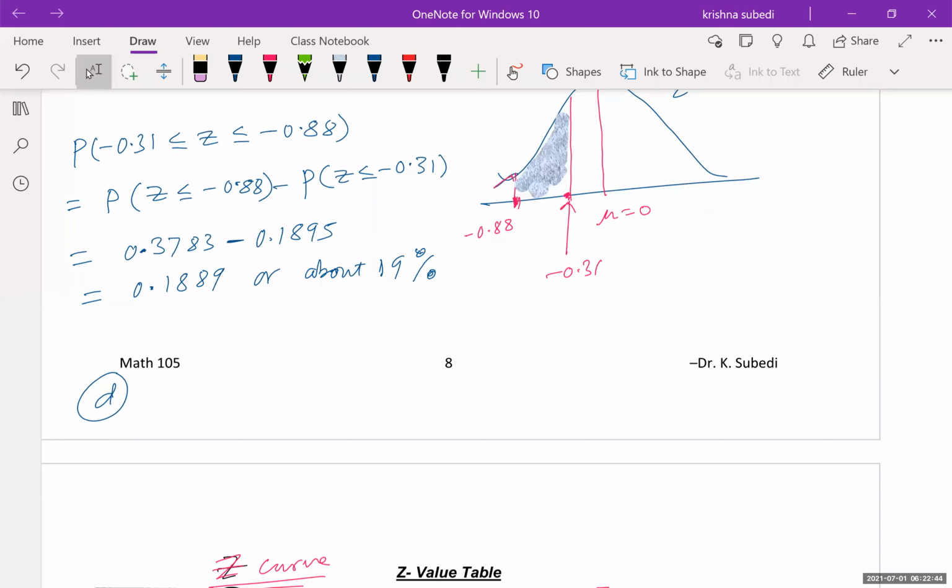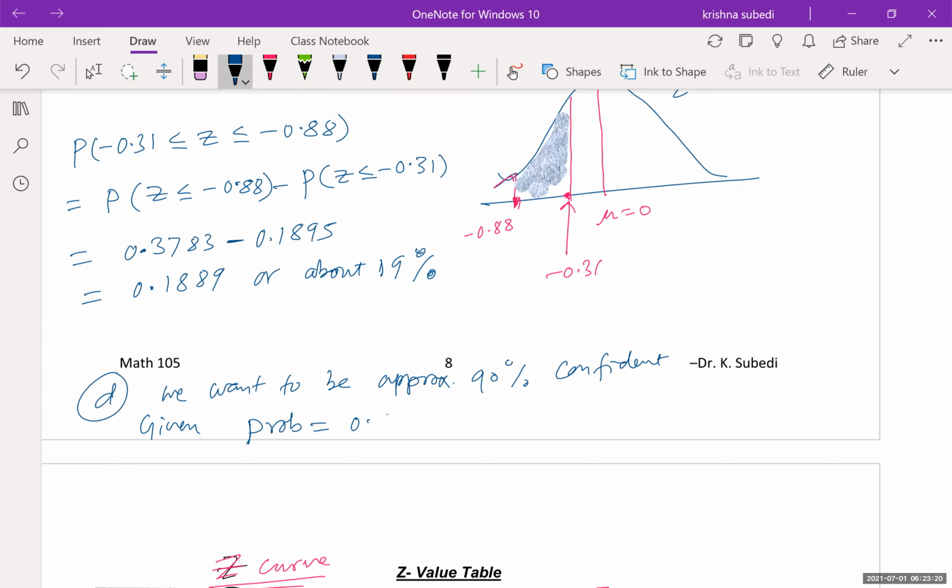Part D tells us we want to be approximately 90% confident, meaning the given probability is 0.90.